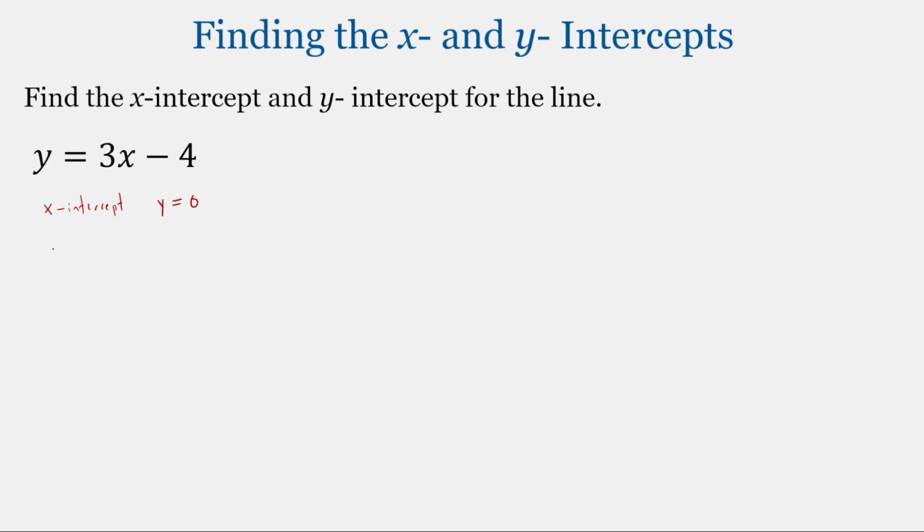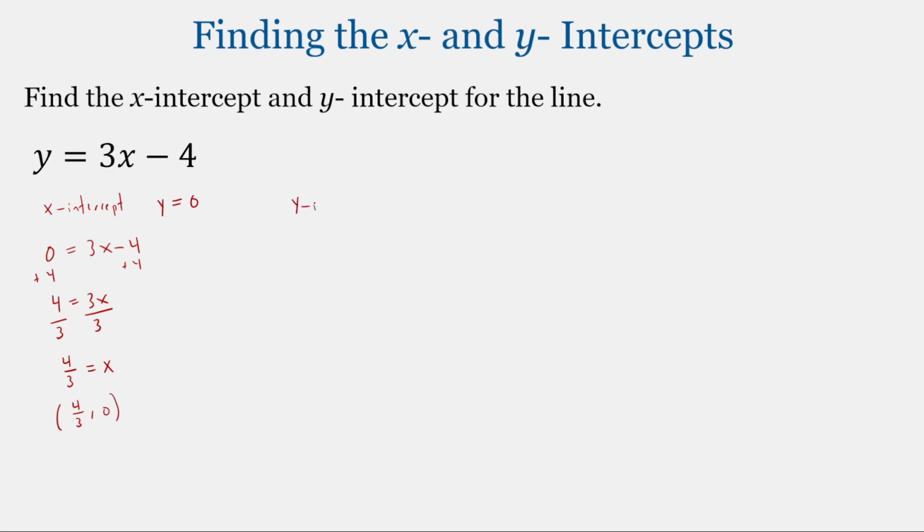So we're going to set the y value equal to 0 and solve for x to find the x-intercept. So we'll add 4 to both sides here. This gives us 4 equal to 3x, and then divide by 3. And so we get an x value of 4/3. So the x-intercept is 4/3, 0.